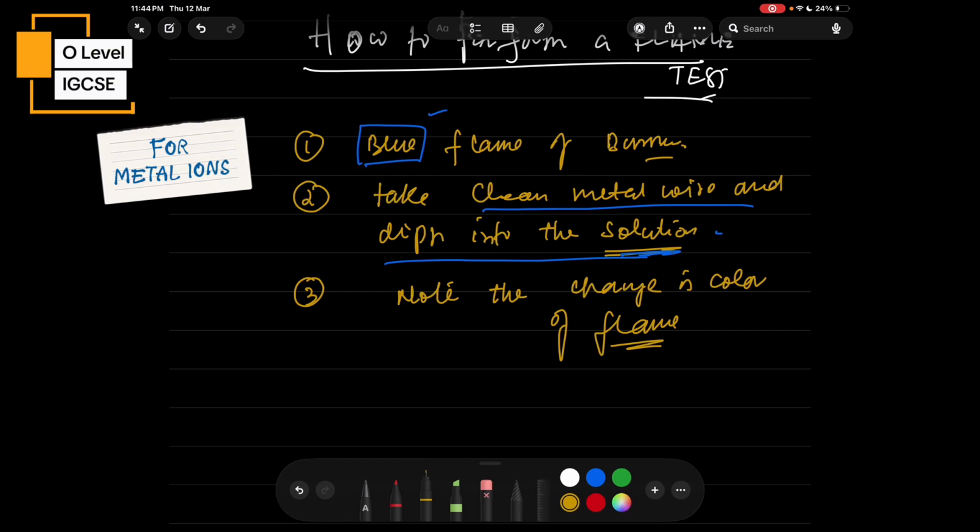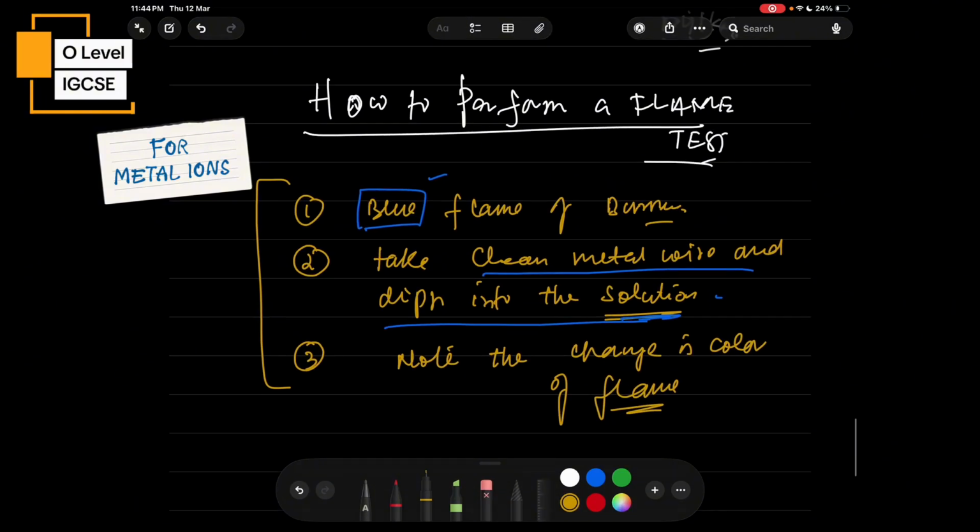So in this way, these are basically the three major steps to carry out the flame test. These are the basic steps that you will have to write in your ATP question if they are asking about the flame test, or in your P2 questions.